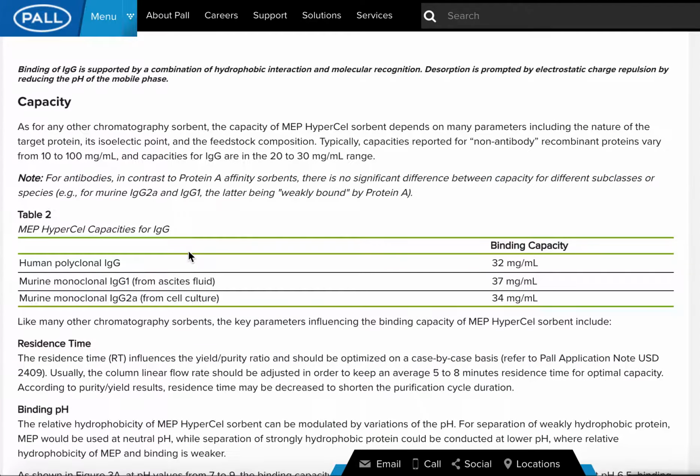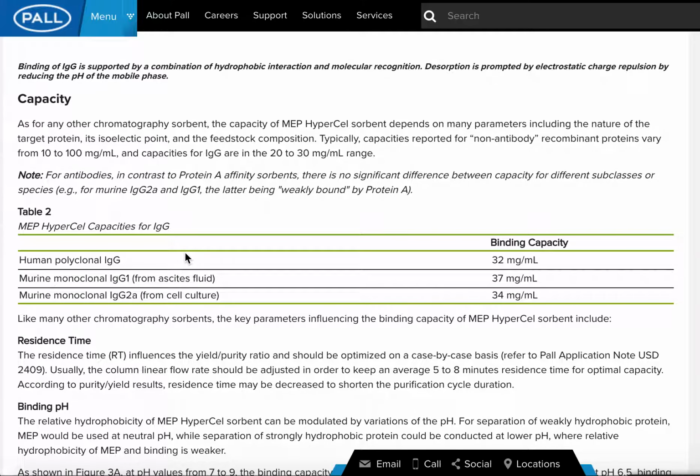Now the capacity, as for any other chromatography sorbent, depends on many parameters, including the nature of the target protein, its isoelectric point, and the feedstock composition. So these are the parameters it depends on.